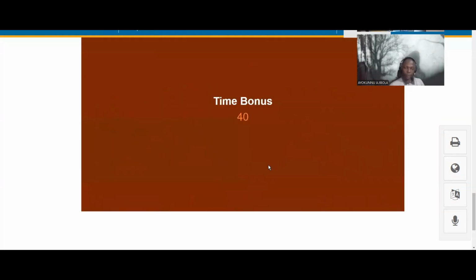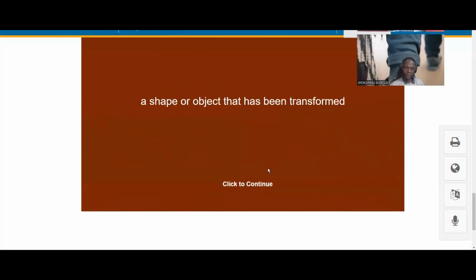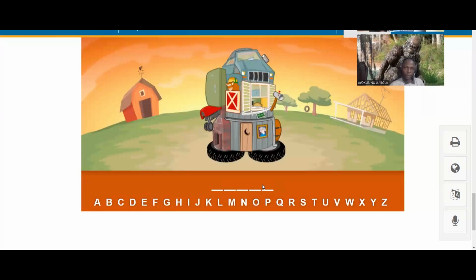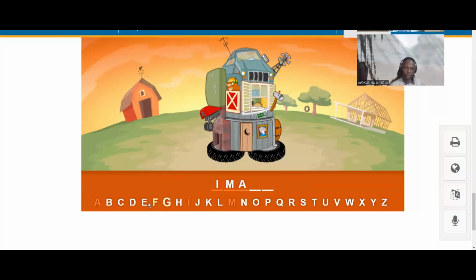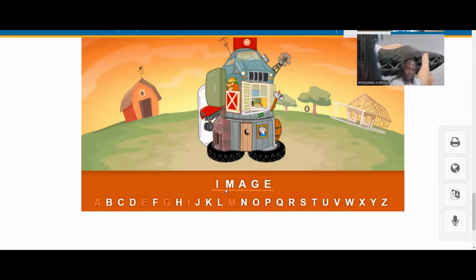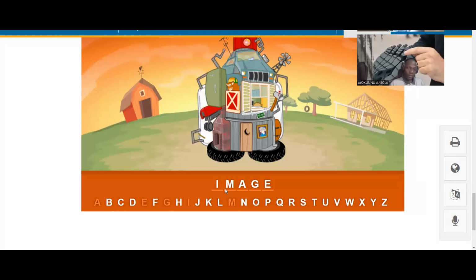Hold on. Then a shape or object that has been transformed. Okay, we can talk about image, okay? Is that clear? Miggy, you are not answering. Is that clear? Okay.